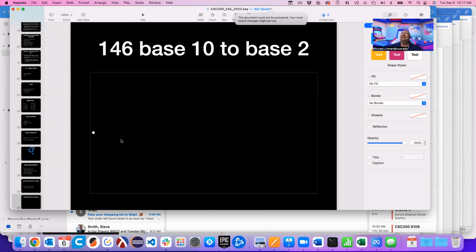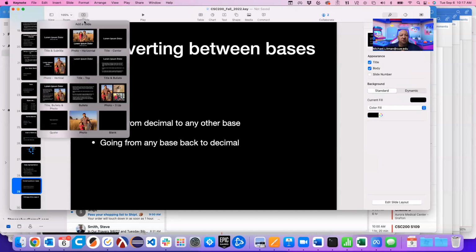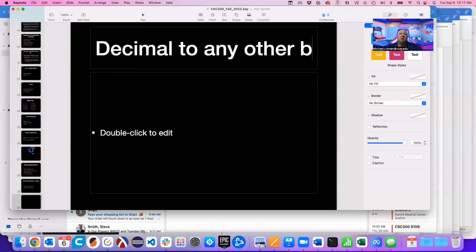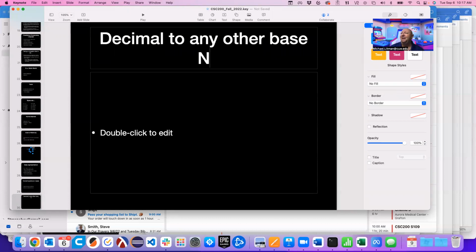When I go from decimal to any other base, let's just create a separate slide for this. I'm going to call it any other base n.